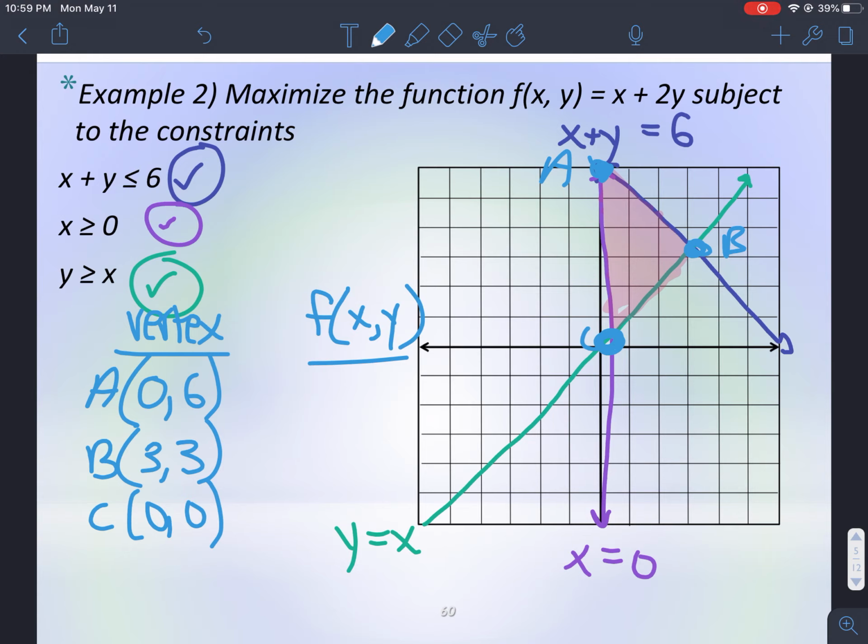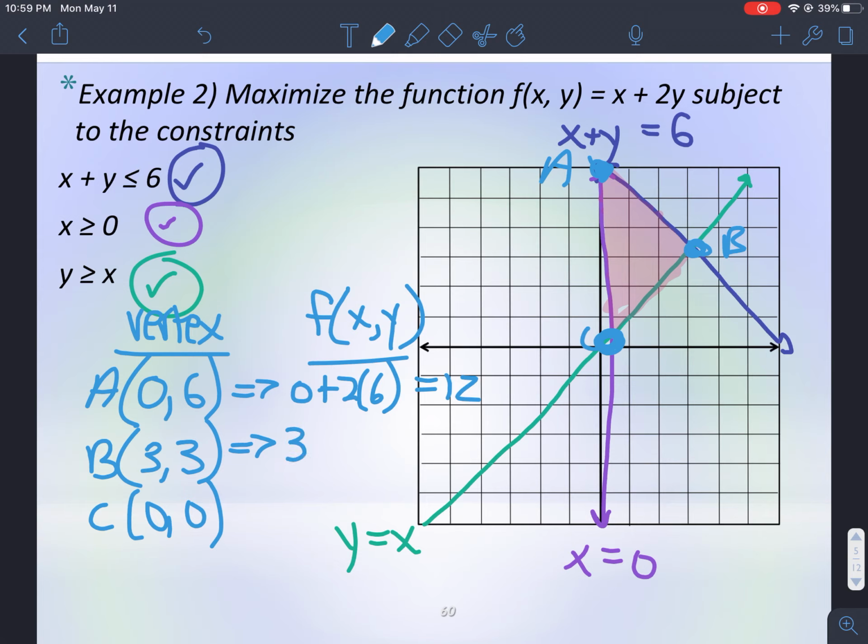And when I plug each of those coordinates in for x and y, x plus 2y for coordinate A would give me 0 plus 2 times 6, which is 12.